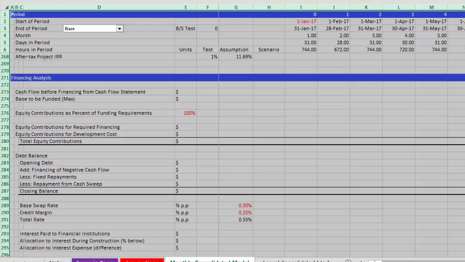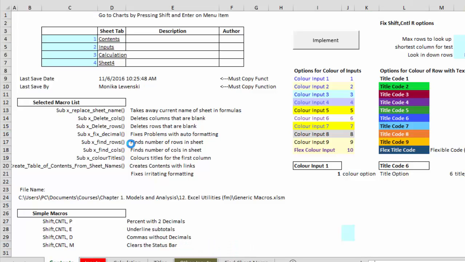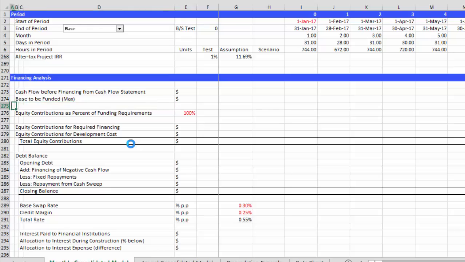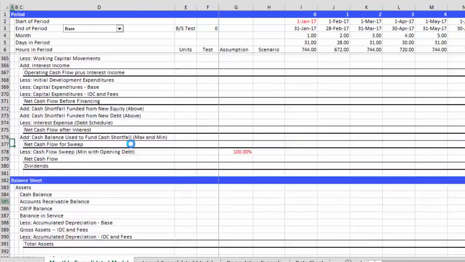If you press Shift Control C, you can see it's taking just a little bit longer. Well, maybe a lot longer, I don't know. But at least it will go down and find everything.